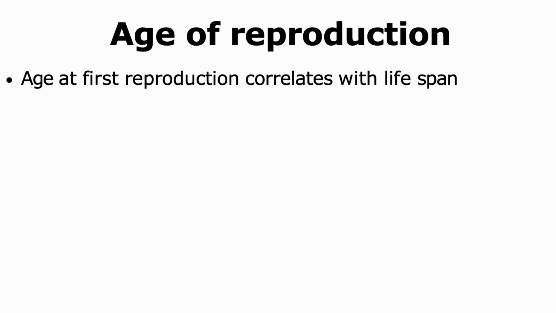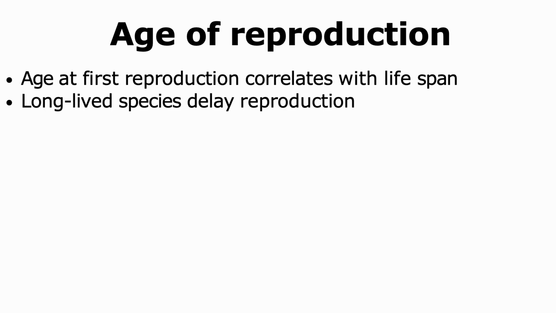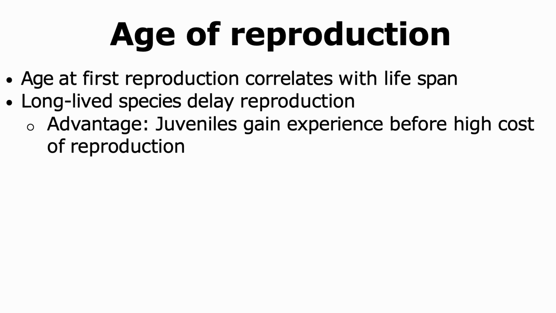Different species have different ages at which they begin to reproduce. The age at which the organism reproduces for the first time normally correlates with its lifespan. Species that are long-lived tend to delay reproduction. They're able to obtain more energy stores, and the advantage of delaying reproduction is that when they are juveniles, they're able to gain experience before they're having their own children, which results in a high cost of reproduction.